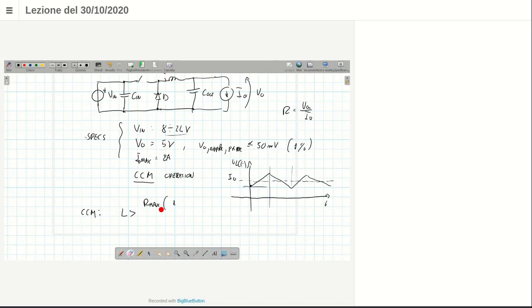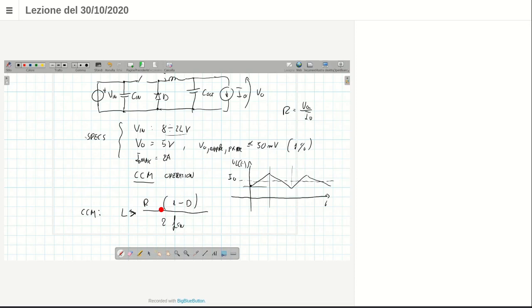times 1, or better, let's start. The general condition for continuous conduction mode operation is that the inductance should be larger than R times 1 minus the duty cycle over 2 times the switching frequency.